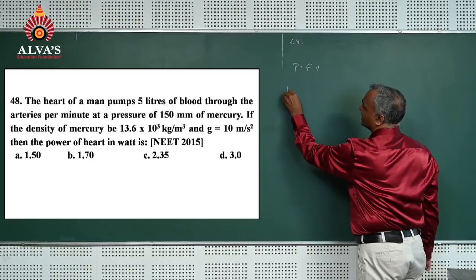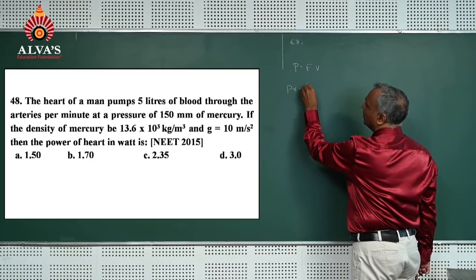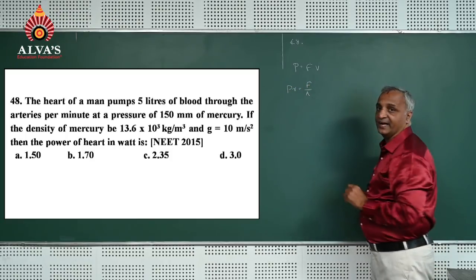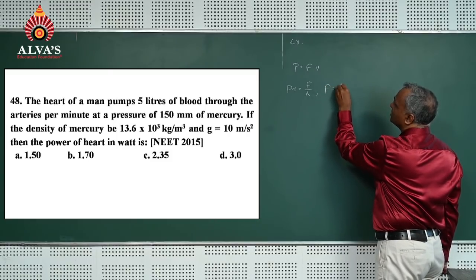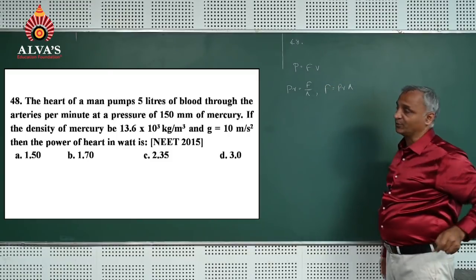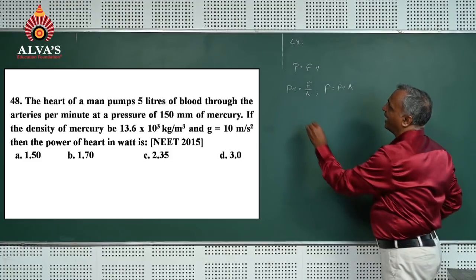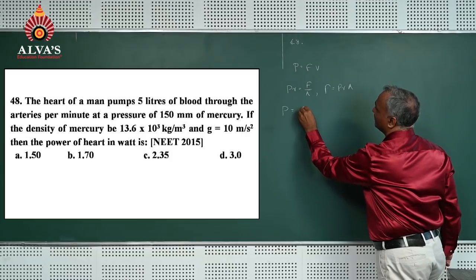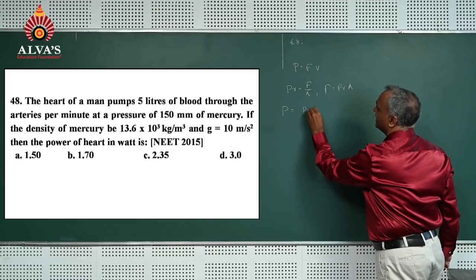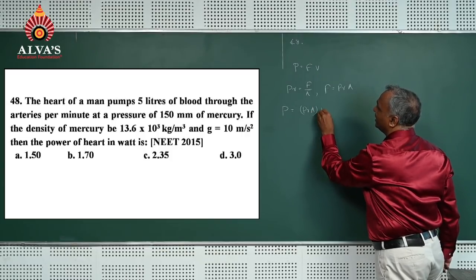Also, pressure is equal to force divided by area, so I can substitute force is equal to pressure into area. I'm going to get power is equal to pressure into area into velocity.